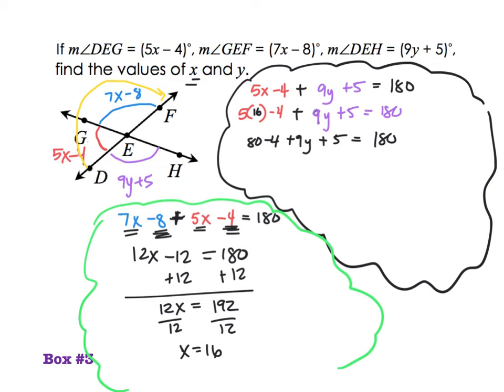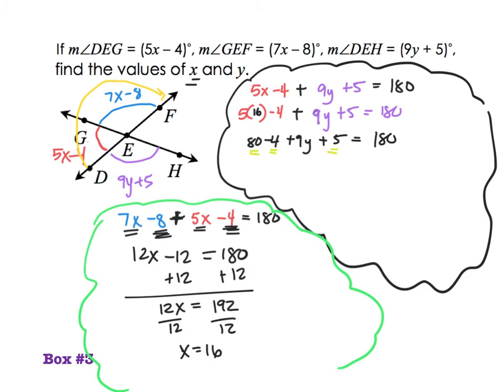I'm going to combine like terms. Pay attention. My like terms here, and let me do them in this bright yellow. This 80, this minus 4, and this 5, all of those are like terms.